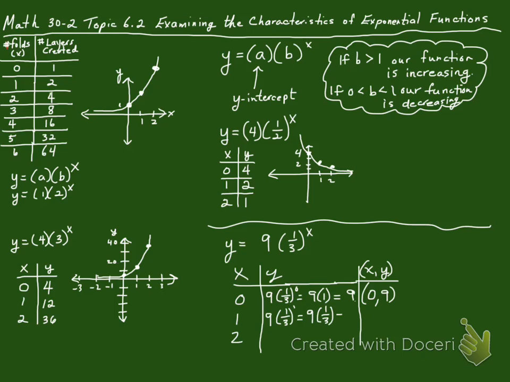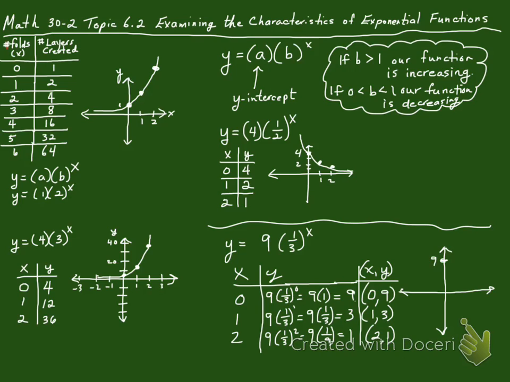In the next one, 9 times 1/3 to the power of 1 is 9 times 1/3, which is 9 over 3, which is 3. So we get the ordered pair when x is 1, y is 3. Lastly, when x is 2, 9 times 1/3 to the power of 2 is 9 times 1/9, which is 1. That gives us the ordered pair x is 2, y is 1.